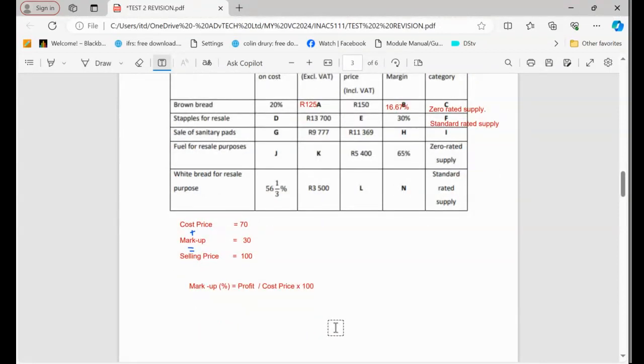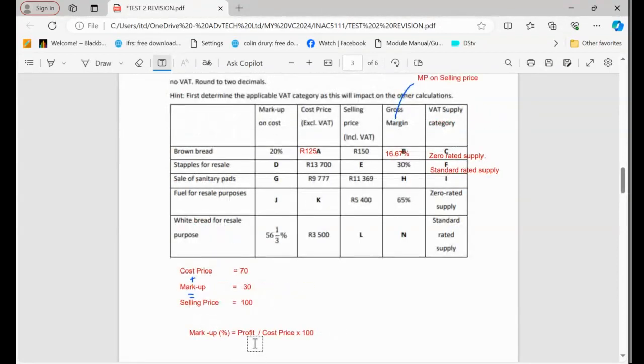So now, if we check there, we need the profit. The profit that I'm talking about will be the difference between the cost price and the selling price. So I'm looking for this profit of 30% in a way. In terms of the amount of rands, the profit will be the cost price, and then you less it from the selling price.